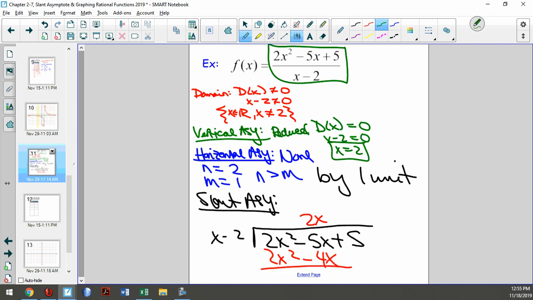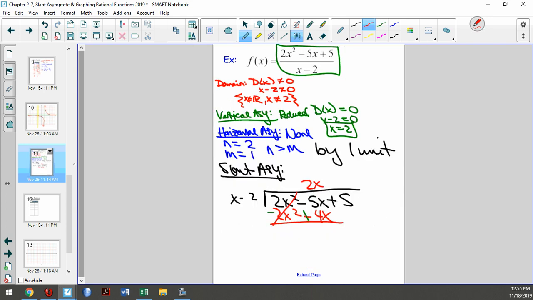And change the signs. Those cancel out, and I get negative x plus 5. What do I multiply x by to get a negative x? A negative 1. So that's going to give me a negative x plus a 2. Change the signs. And that's a negative 2. So that's going to give me a 3.